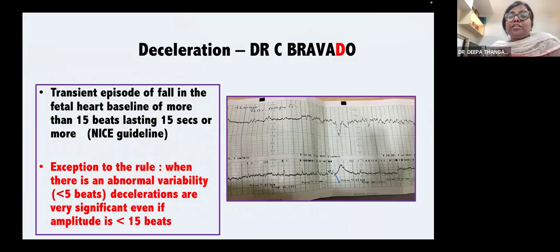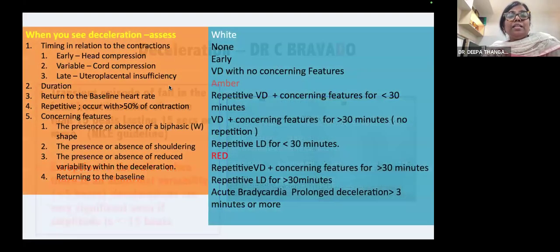Okay. Decelerations. Read the CTGs here. Deceleration is the same thing: going down and coming up. All deceleration is the way the baby is getting oxygenation, by reducing myocardial activity. But if there is a concern, then only we will be worried. What are the concerns? Whenever you see a deceleration, you have to assess the following things.